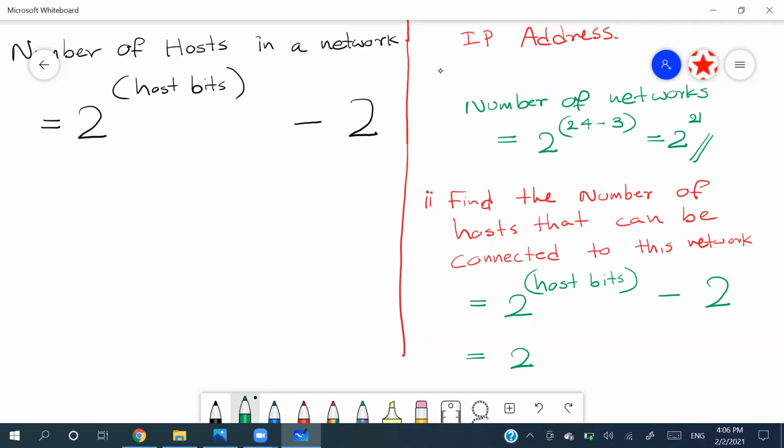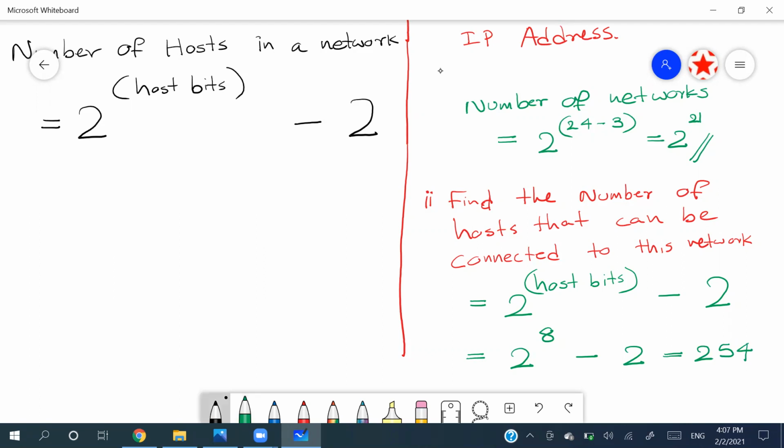So this is going to be 2 to the power 8 minus 2. So that means 254. Right.